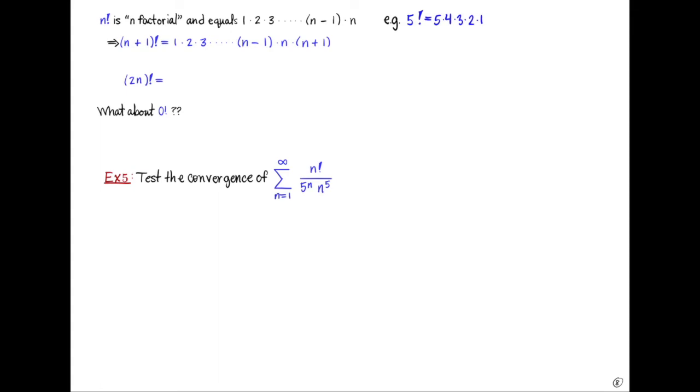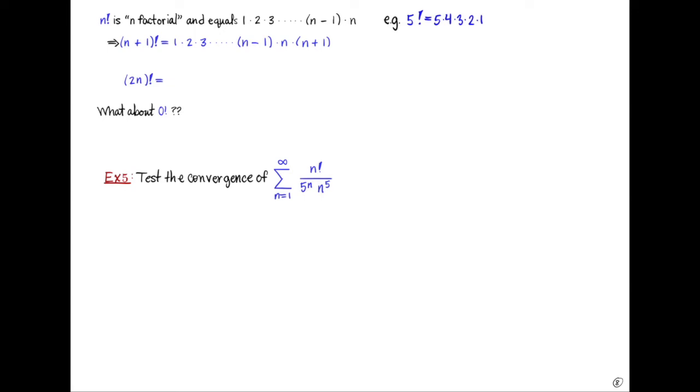N factorial, so this n with the exclamation mark reads as n factorial, and it's equal to 1 times 2 times 3, dot, dot, dot, all the way up to n minus 1 times n. So if we wanted to find n plus 1 factorial, then we have 1 times 2 times 3, dot, dot, dot, all the way up to n minus 1 times n, and then we stop at n plus 1. 2n factorial, same idea.